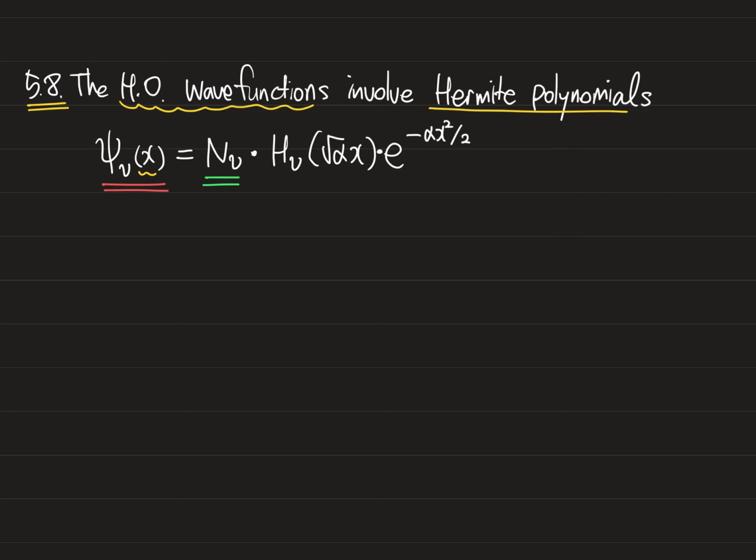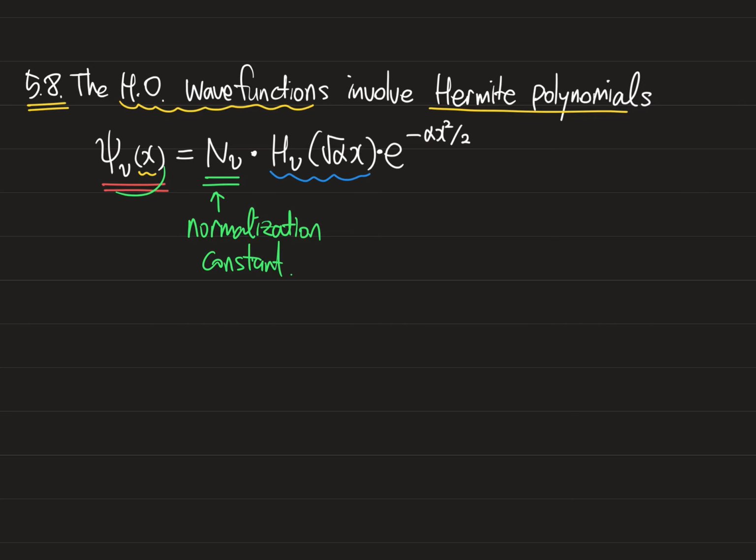So this N_v is the normalization constant. So it is not quite new. All the wave functions contain a normalization constant because the square of the wave function is interpreted as the probability. So there should always be a normalization constant.